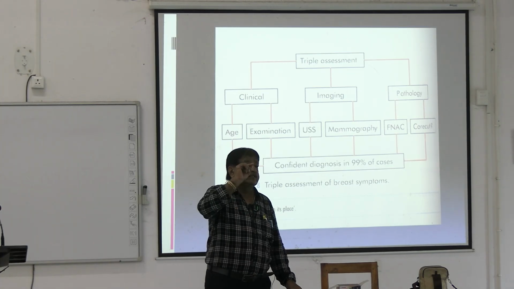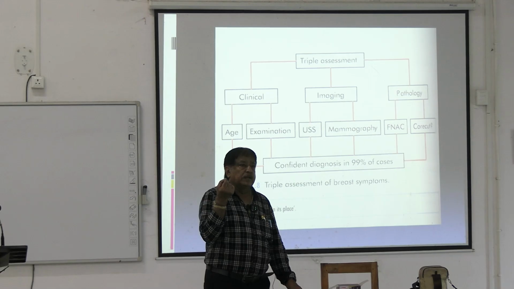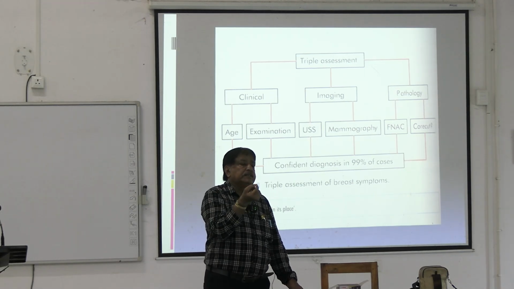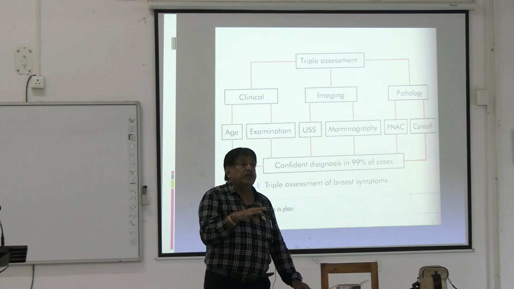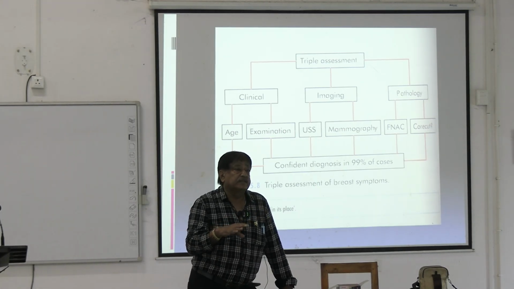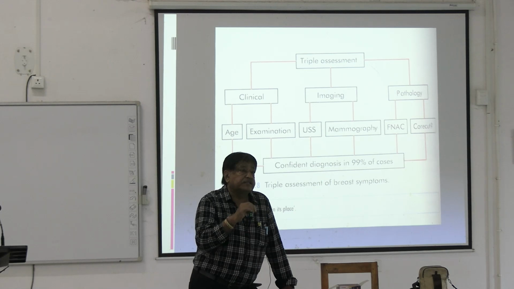Because in FNAC only a needle is put in, a streak of tissue with the blood cells, but if there is any malignancy, you will be having malignant cells in division, and there are different stages of mitosis.